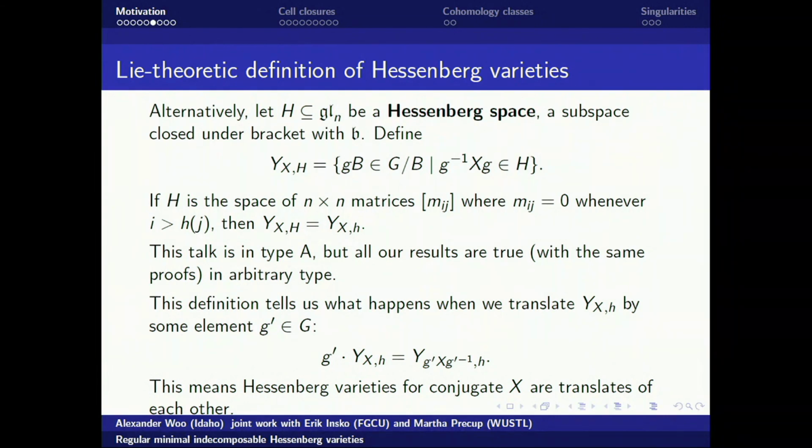So moving my Hessenberg variety is just conjugating my matrix by the group element. And I should say, the reason you need your Hessenberg space H to be closed under bracket is so that your G actually sits inside B cosets. That's exactly the notion that makes this actually come from something in the flag variety rather than something inside just GLN.